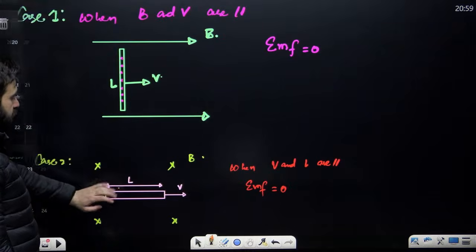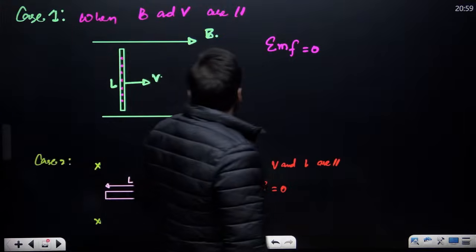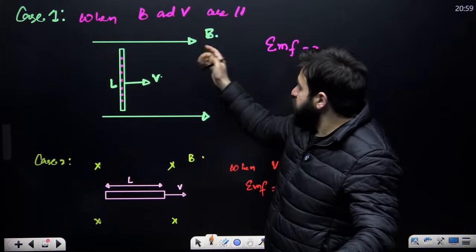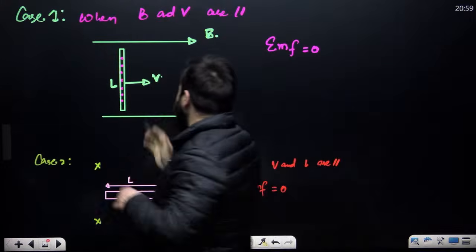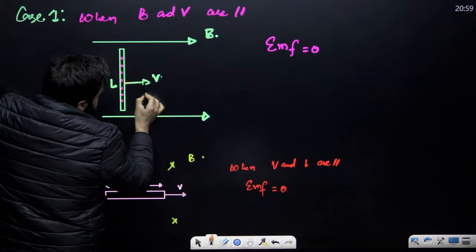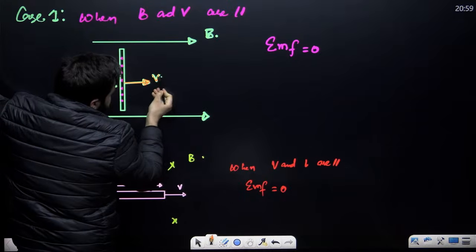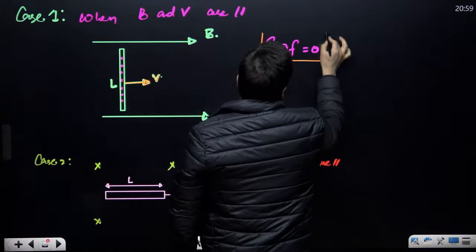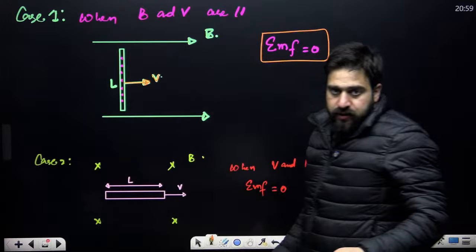Now see, case 1. Take a look. When magnetic field and velocity are parallel, this is the magnetic field and this is the velocity, they are in the same direction. In that case, EMF will be 0 directly. What did I say?